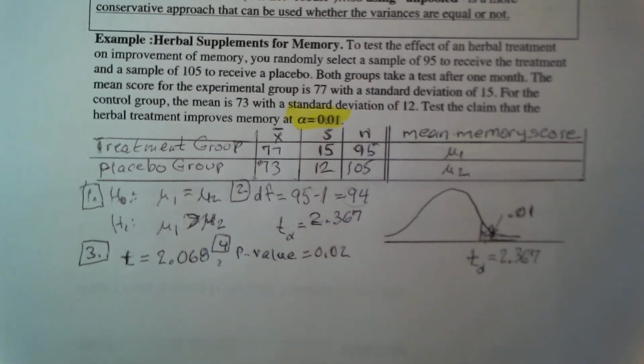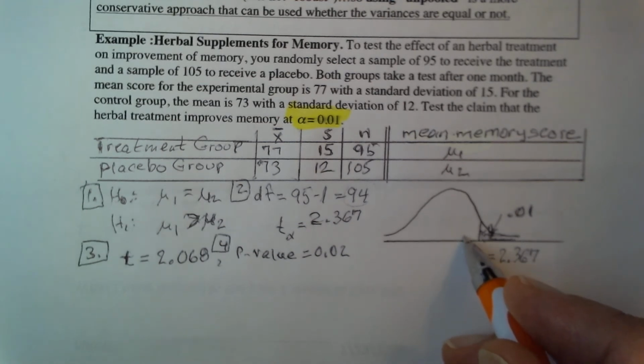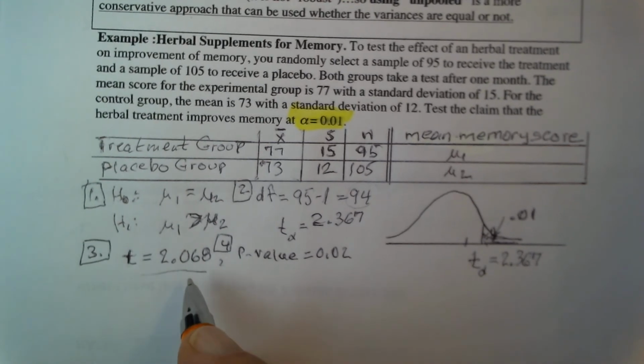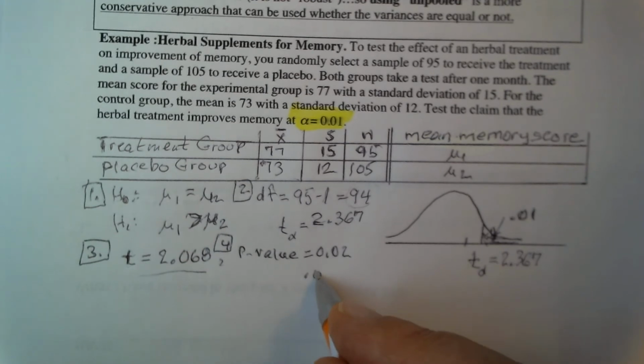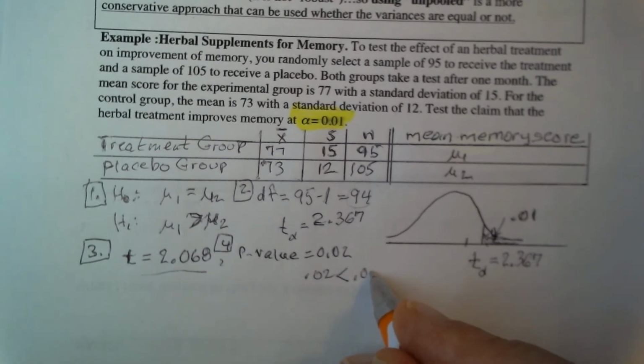And so we look at the test statistic, and that tells us that we are not in the rejection region. So in other words, this tells us that we fail to reject the null hypothesis. Similarly, our p-value is not less than alpha. In other words, 0.02 is not less than 0.01.